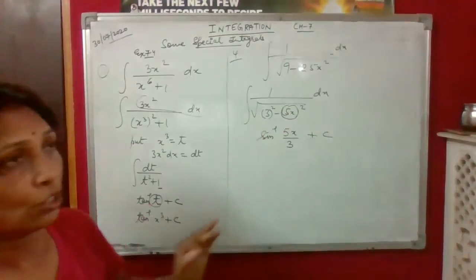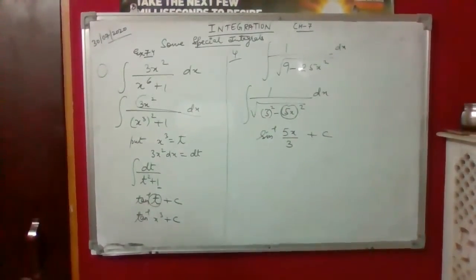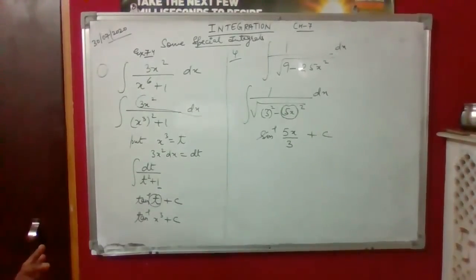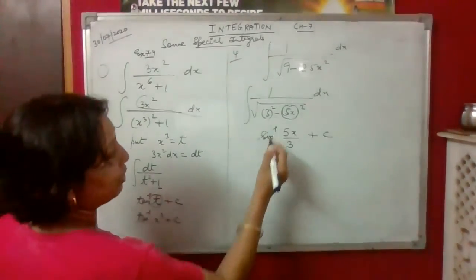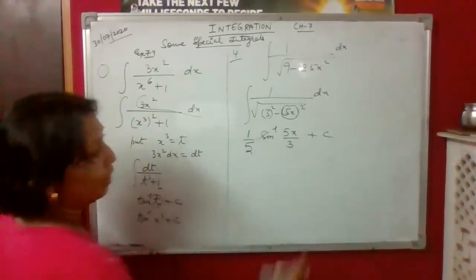So if in place of the variable, any other term is there, that is, some constant is multiplied with it, divided by it, added to the variable or subtracted from the variable, we have to divide by the derivative of that, right? Because in place of x we are having 5x here, so we have to divide by the derivative of 5x. So derivative of 5x is 5, so we will divide by 5. So this is the final answer.